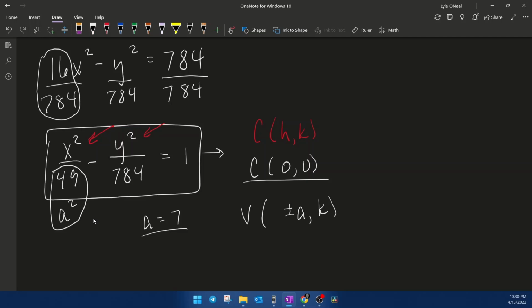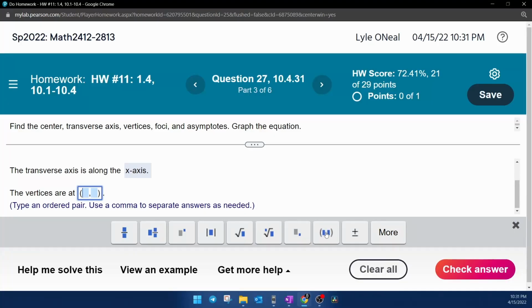H and k are both 0. And a is 7. So that gives us vertices of plus or minus 7 comma 0. So using our ordered pair tool, and I'm going to try to get away with the plus or minus tool as well. 7 comma 0. Let's see if it accepts it.